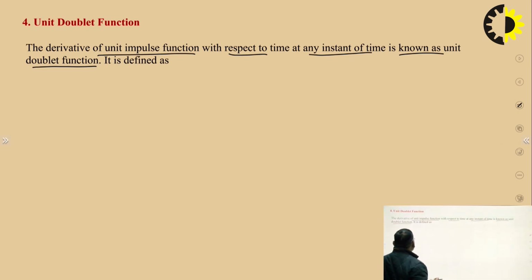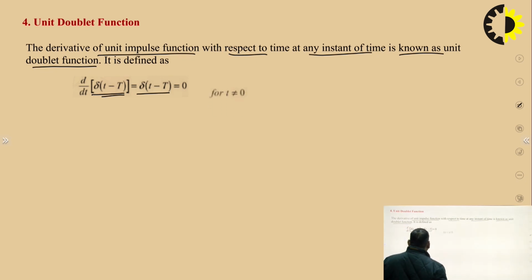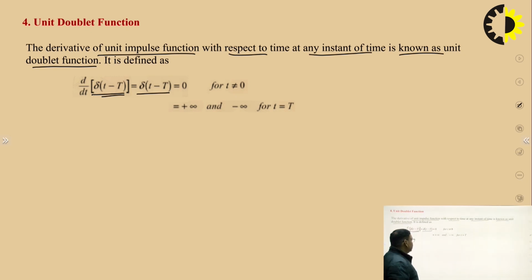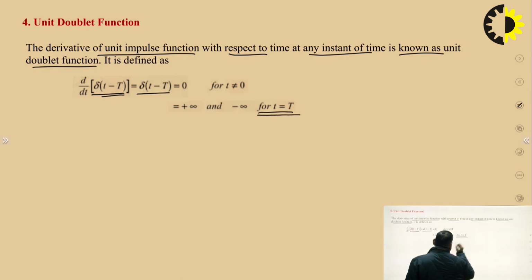It is defined as d upon dt delta t minus capital T, and that is 0 for t not equal to capital T, and it is plus infinite and minus infinite at t equal to capital T.